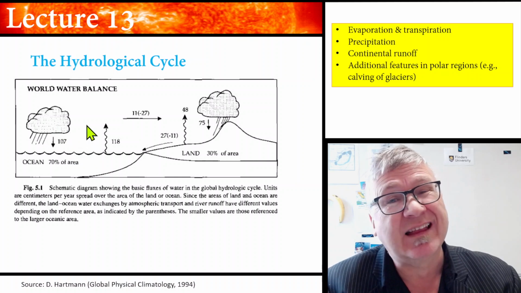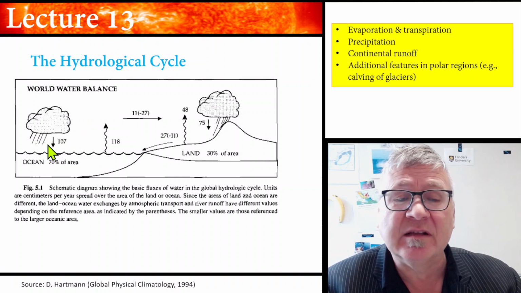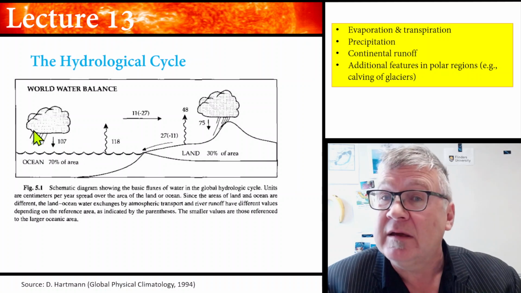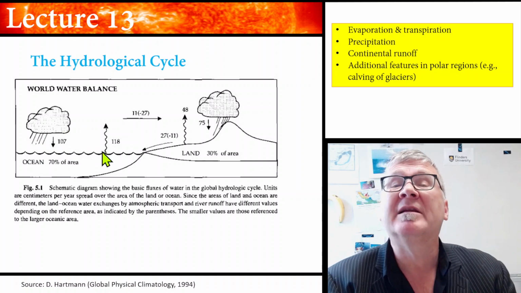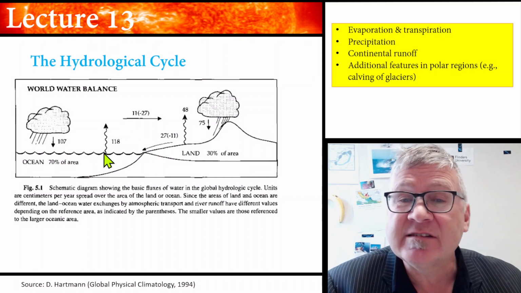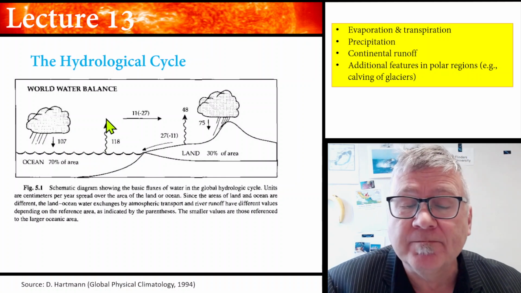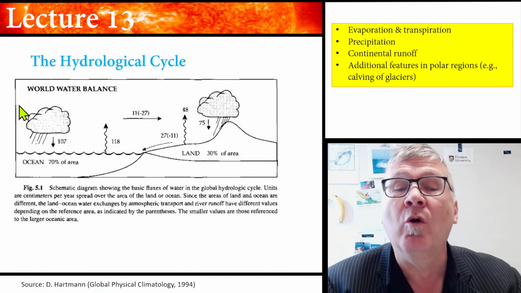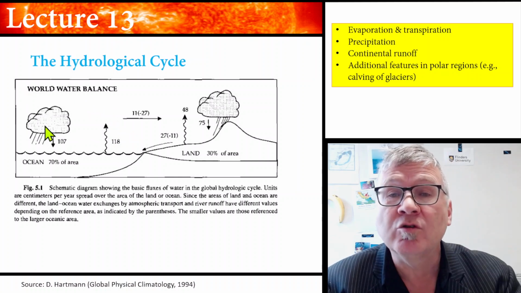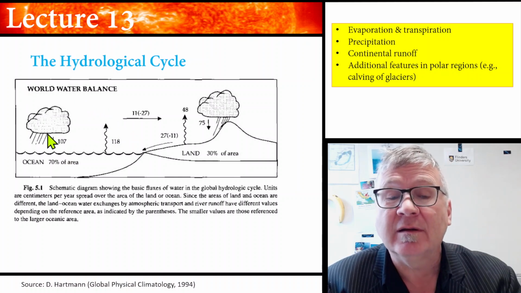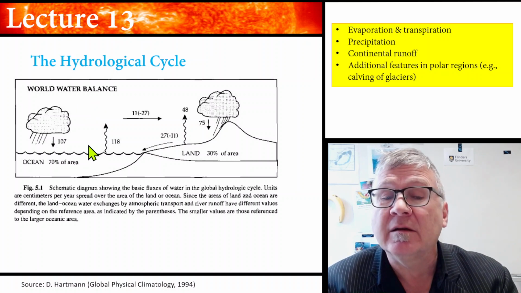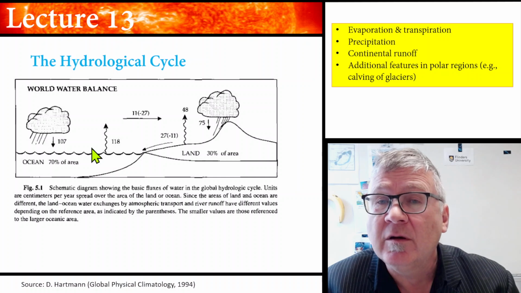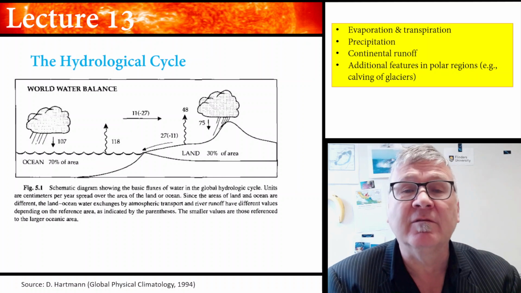So it's slightly more than 1 meter, 1 meter and 7 centimeters. The ocean receives this from rainfall, and loses 118 centimeters due to evaporation. So on its own, in the absence of continental runoff, the oceans lose more fresh water than they gain.